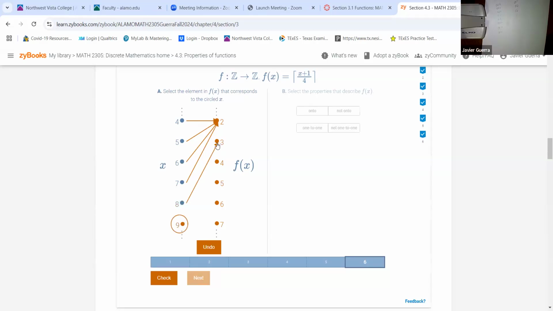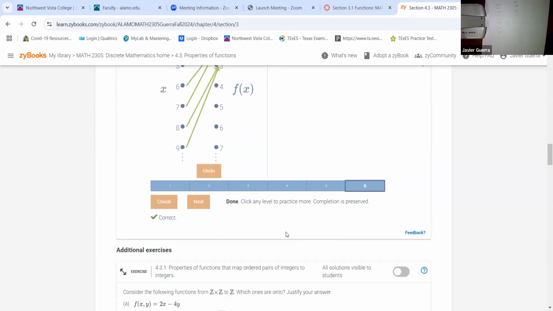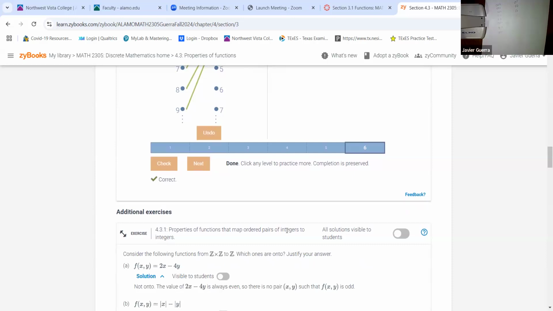Yeah. And 9 is 3. 8 is 3, 9 is 3. All right. So it's not 1 to 1, but it is on to. Yep. All right. Wow. Interesting. Interesting. All right. Very good.